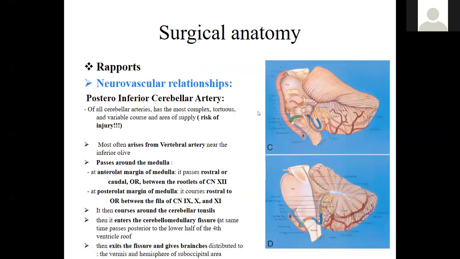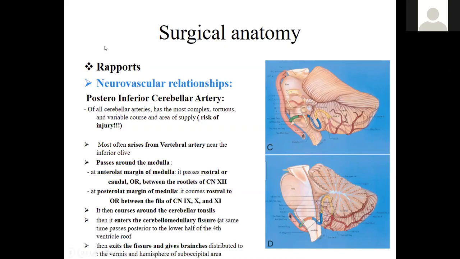So going into detail with the posterior inferior cerebellar artery, because it is one of the main branches of the vertebral artery responsible for vascularization of the cerebellum, it is one of the arterial structures that will be encountered during surgical procedures, precisely far lateral procedures that will end up exposing the cerebellomedullary fissure.